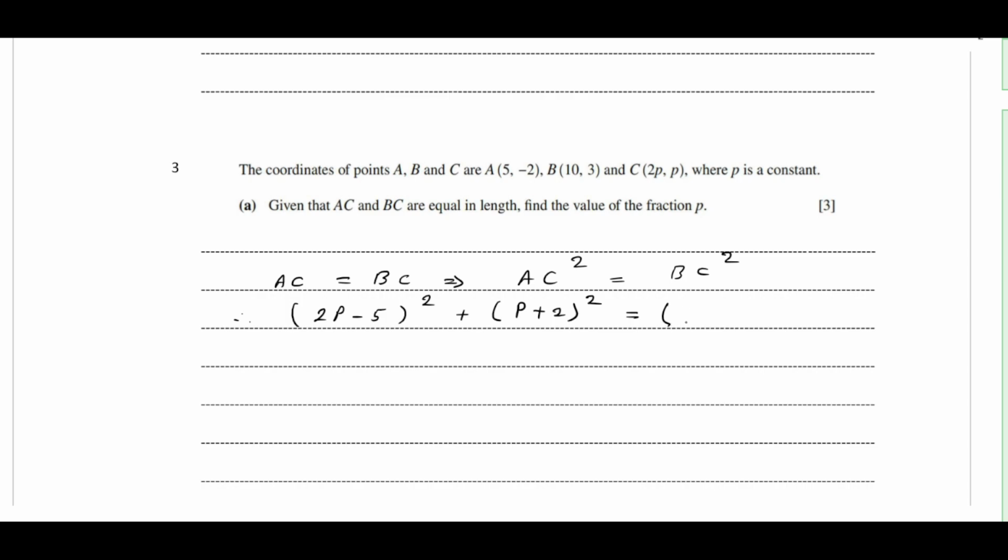What is BC? BC square is 2p minus 10 the whole square plus p minus 3 the whole square.